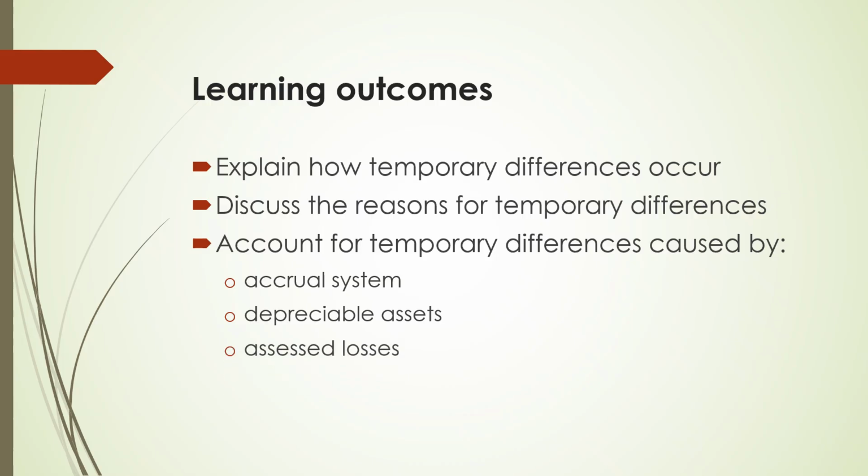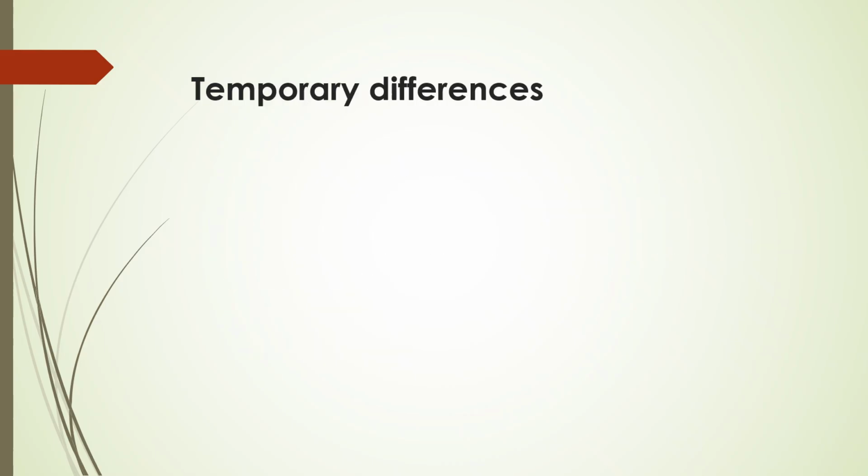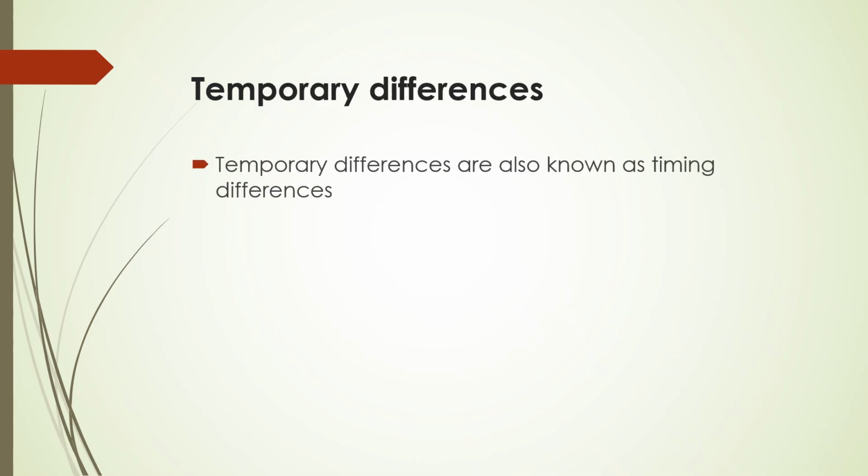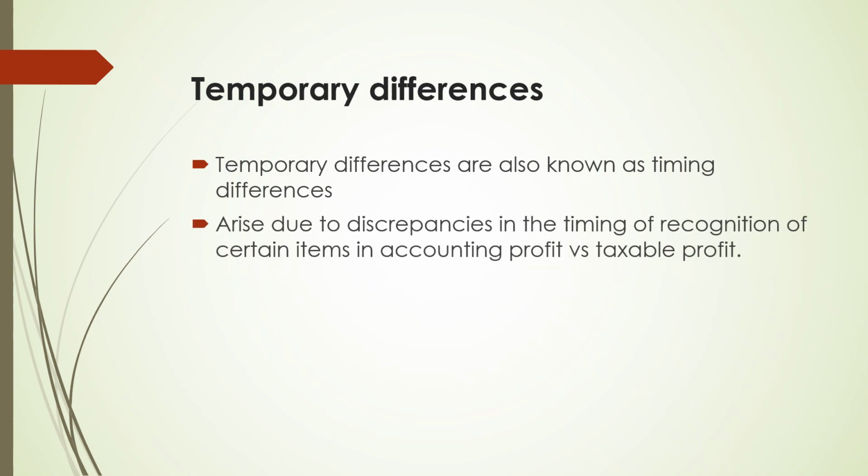Let's begin by defining temporary differences. Temporary differences are also known as timing differences. They arise due to discrepancies in the timing of recognition of certain items in accounting profit versus taxable profit.